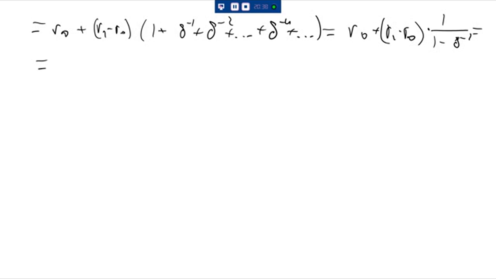And now we know everything. R naught is 1. It is when we got the U2 solution. R1 is 3. It's when we got the 2 to the power of 1 periodic solution. And this is the 2 to the power of 0 periodic solution.